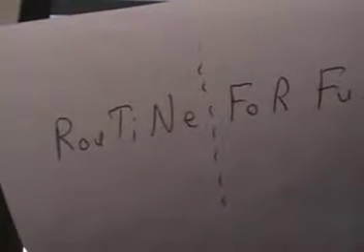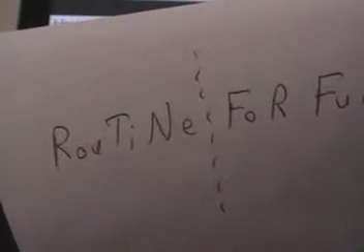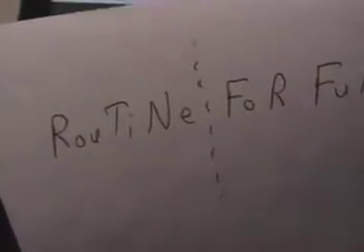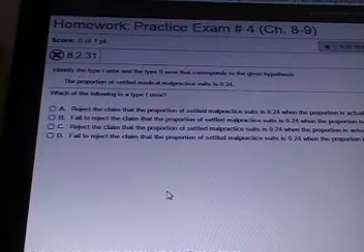Take the phrase routine for fun, and if you write it out, capitalize all the consonants and keep the vowels lowercase. That way R is a capital letter, but O and U are little letters. T is a capital letter, and so on. Every consonant's been capitalized, every vowel's still little. That way you can remember these two types of error.